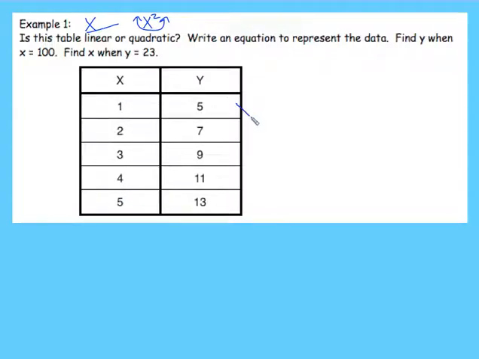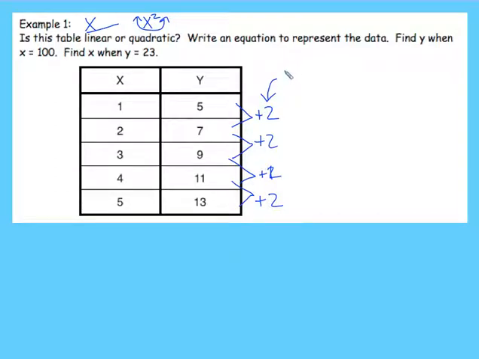Then we need to see how much these change by. From 5 to 7 is plus 2. From 7 to 9 is plus 2. From 9 to 11 is plus 2. And from 11 to 13 is, oh, I'm sorry, I wrote a 1. Plus 2. Okay, this is called your first rate of change.